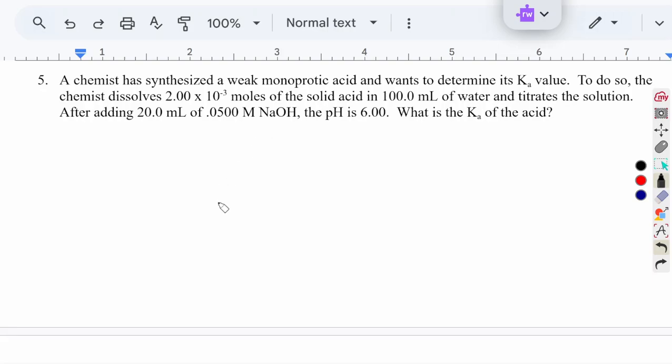My first instinct is to automatically set up my acid plus base equation. We're going to get water and conjugate base. All right, and then we've got, what's that going to be? 0.002 moles in 0.1 liters.